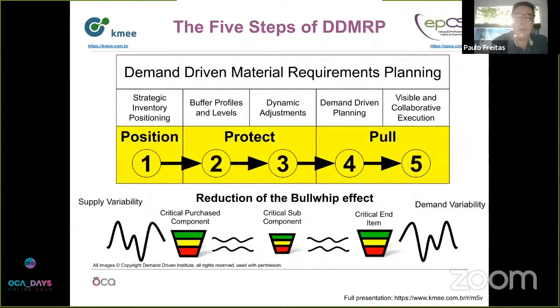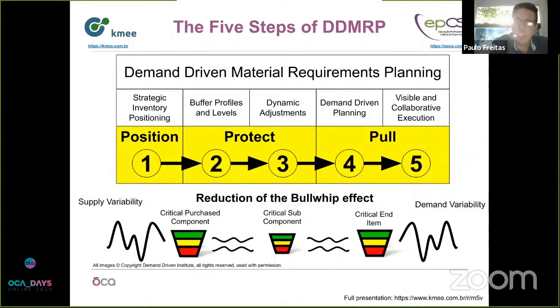This is obvious. For example, you've got a critical subcomponent, as shown at the bottom of the slide, and you decide that would be a good candidate for you to put your buffer. What this does, as you can see, is act as a firewall for the signals that come from the suppliers on the left-hand side, and from the demand on the right-hand side.